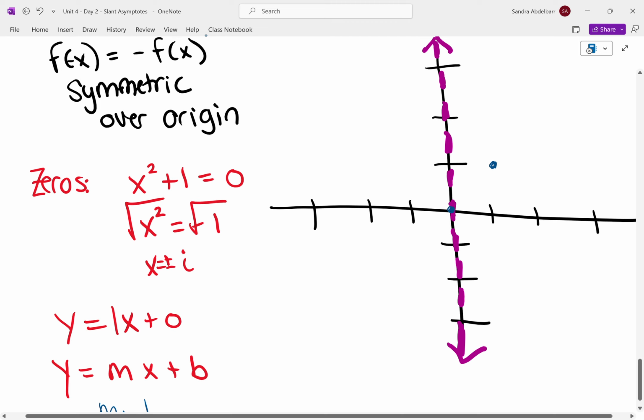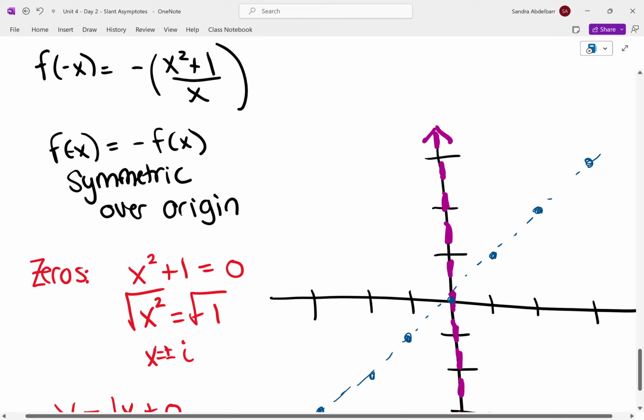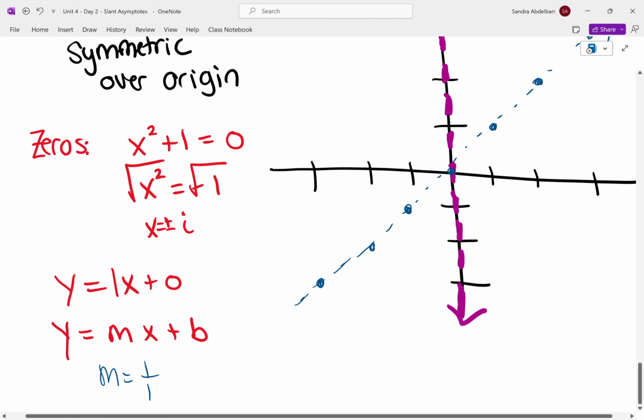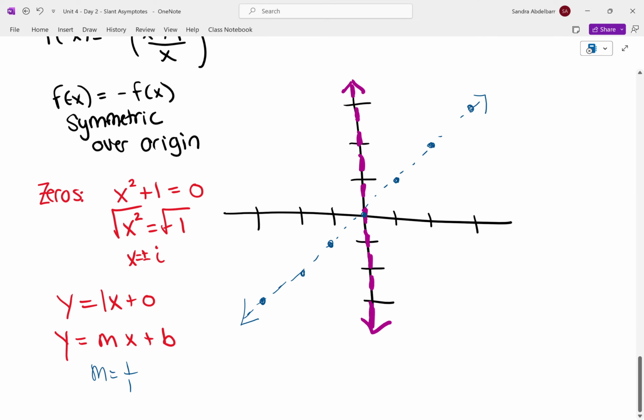So my slope is 1 over 1, so that means up 1, right 1. Up 1, right 1. And then down 1, left 1. And again, another dashed line for our asymptote.